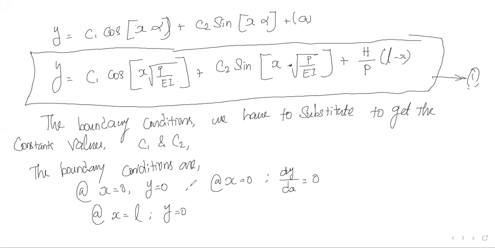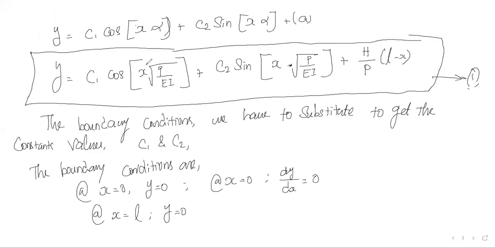So these three are the boundary conditions we are going to use to find the values of constants C1 and C2. So now let us substitute the values. First boundary condition we are going to use.